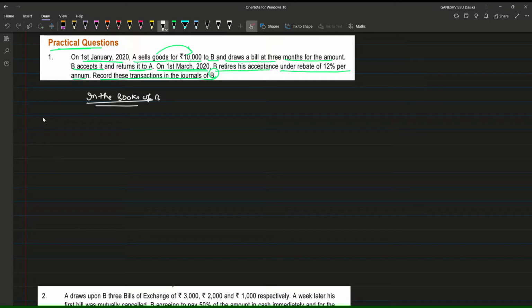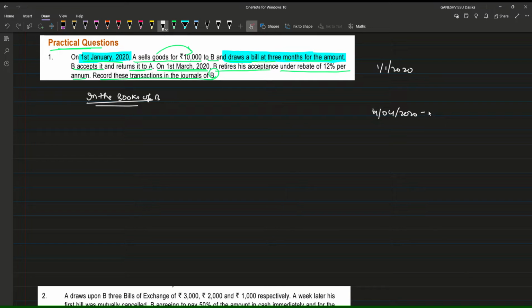In the books of B, we need to write the entries. They have taken a 3 months gap here. The bill is drawn on 1st January 2020. So the date of bill is 1 January 2020, and after 3 months that would be 4th April 2020.